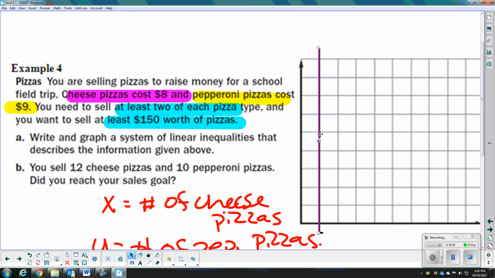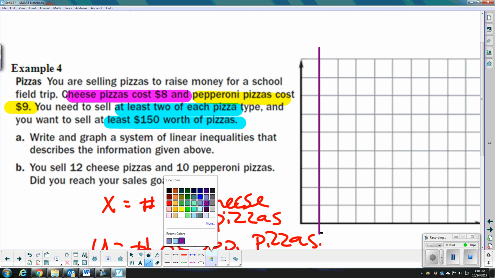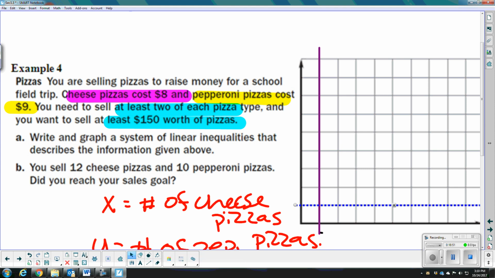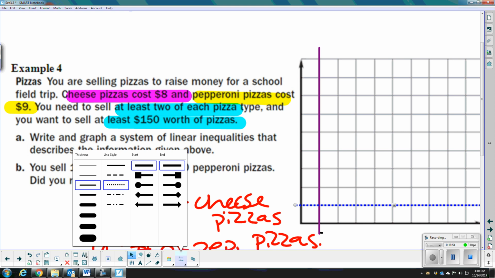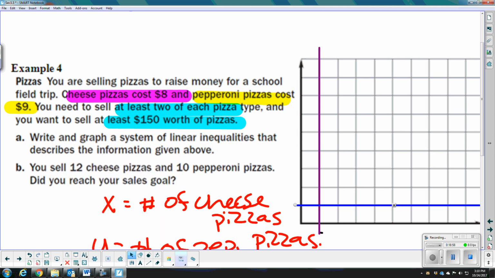And then our second inequality is y is greater than or equal to 2. So here are all the places where y is greater than or equal to 2. So I'm going to shade my solutions.